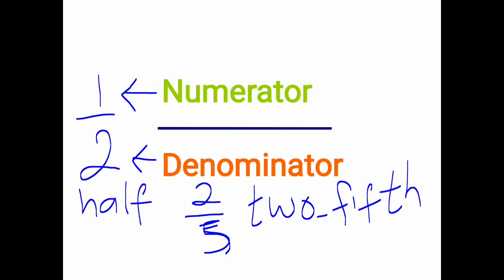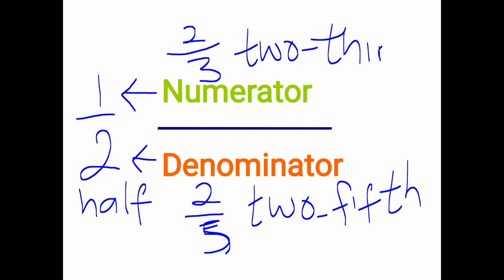Do you get that? Good. What if I have 2 over 3? My 2 is the numerator and the 3 is the denominator, right? This will be referred to as 2/3. Do you understand that? Very good.